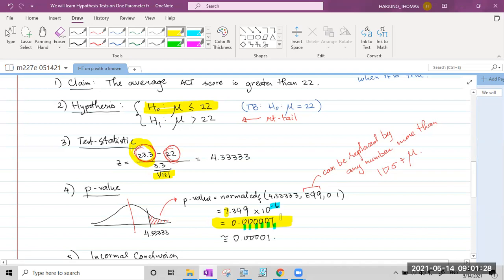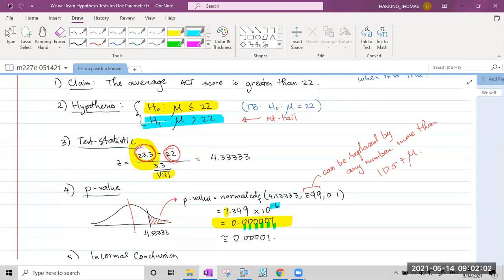In other words, while it is still possible that your population mean is 22 and getting this sample mean, it is very, very unlikely, such that it is more likely that your population mean is actually greater than what you claimed earlier in the null hypothesis.